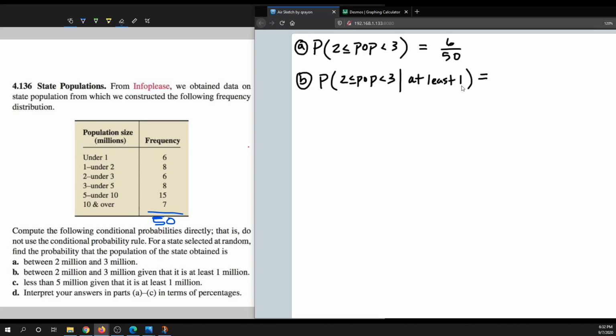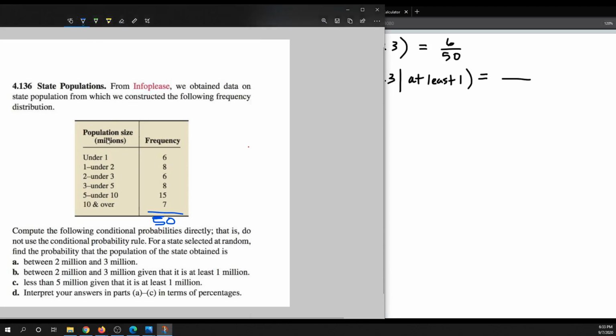All right, so now this is a conditional probability, and now our sample space is going to be those states that have a population of at least 1 million. Okay, so in the chart over here, at least 1 million is all of these.